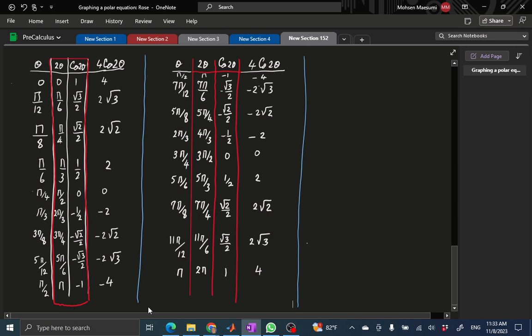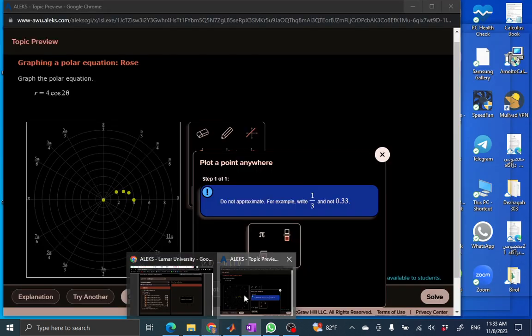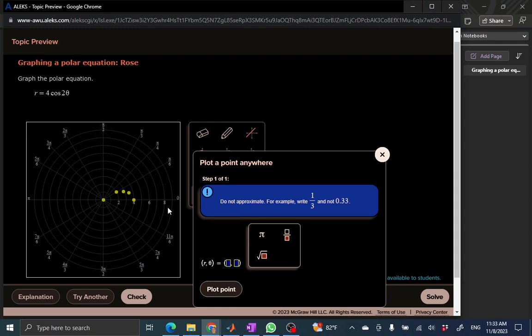So now I'm going to go ahead and continue on this page. So again, we have half of the first petal, and then we are going to continue after that. So we had reached the angle of pi over 4. Double of that was pi over 2.